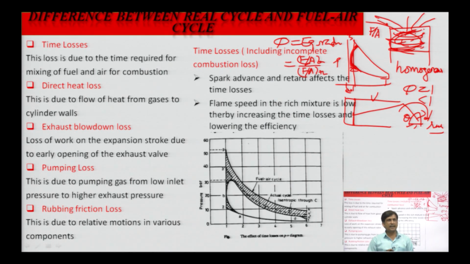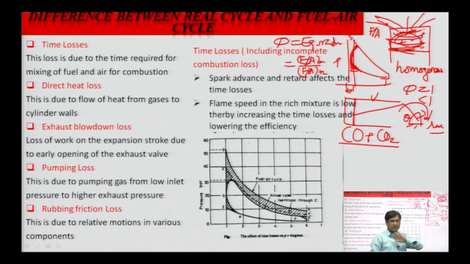Now, the second difference is, first we discuss the total time loss. Time loss also includes the incomplete combustion loss. What is incomplete combustion? It also depends upon the quality of the fuel. If the quality of fuel is not so good, there will be incomplete combustion, meaning that if carbon monoxide and carbon dioxide exist in the products of combustion, it is known as incomplete combustion, and practically it is always incomplete combustion.